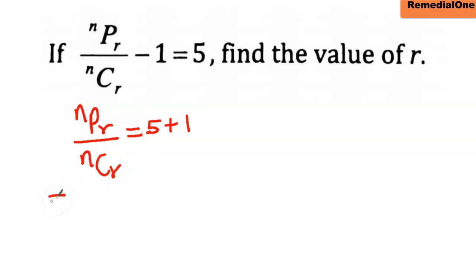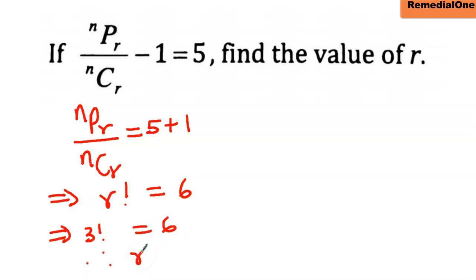Now from the relationship that we established, nPr over nCr, when you simplify, you are going to get r factorial, which is equal to 5 plus 1, which is 6. So how do you find r? We know that 3 factorial is equal to 6. So therefore, r will be equal to 3.